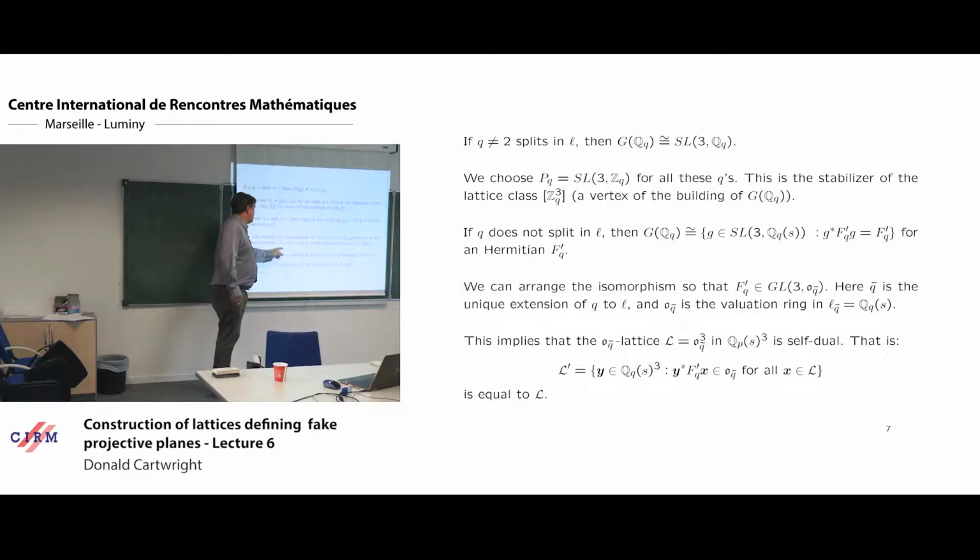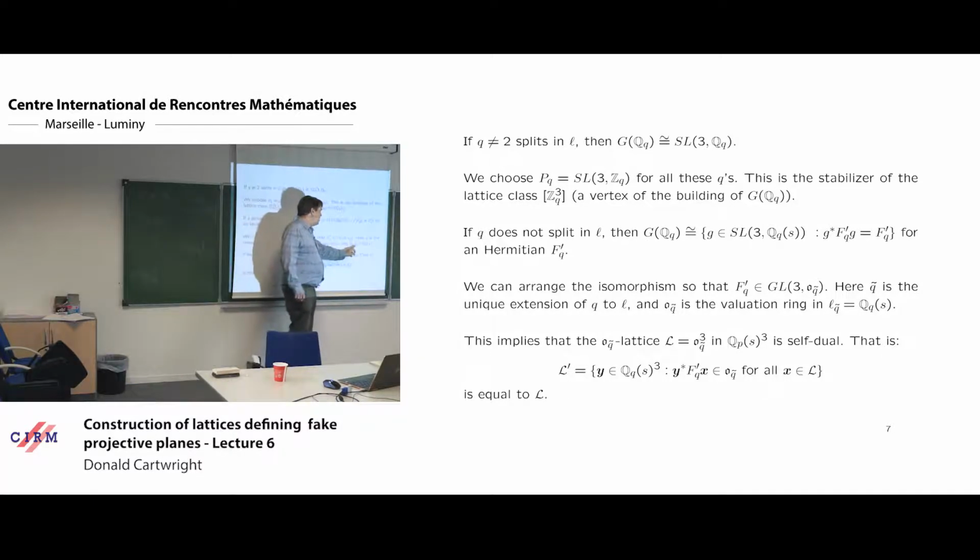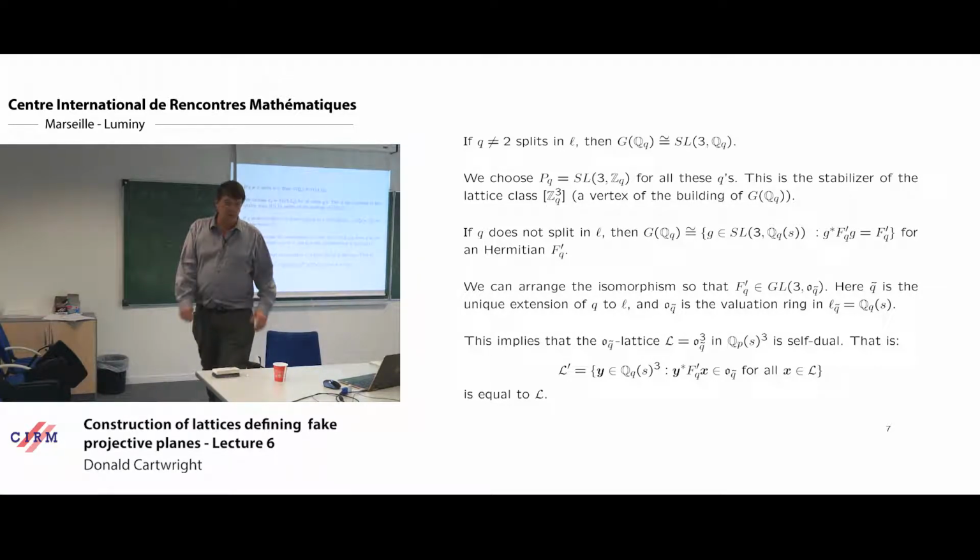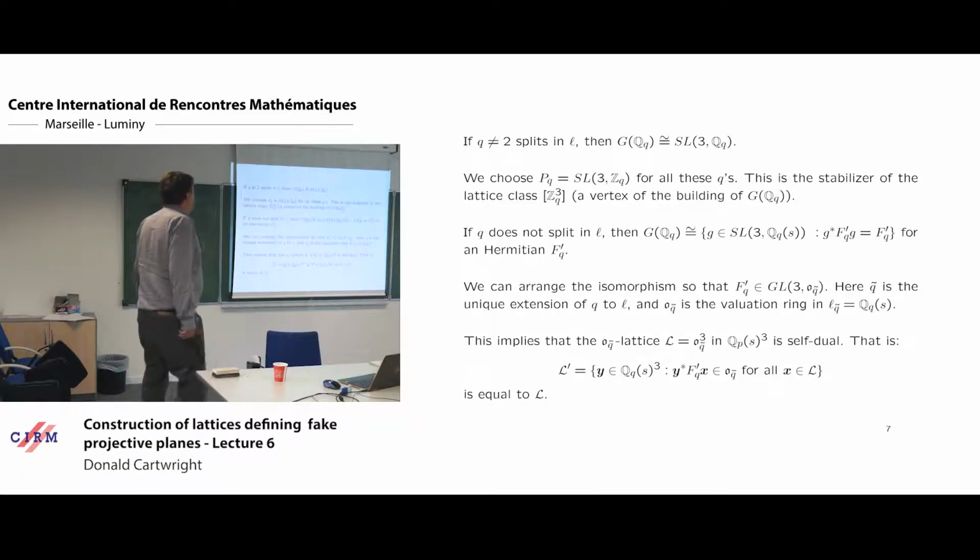Q is not splitting, so there's a unique extension, which I pedantically call Q tilde, to this field. So the completion of L with respect to that valuation is none other than Q_Q with S adjoined, this square root of -7.